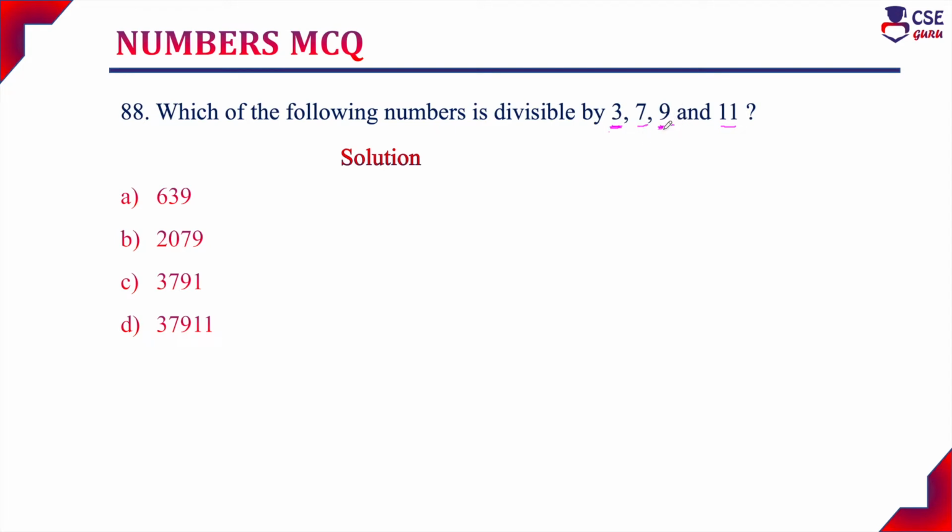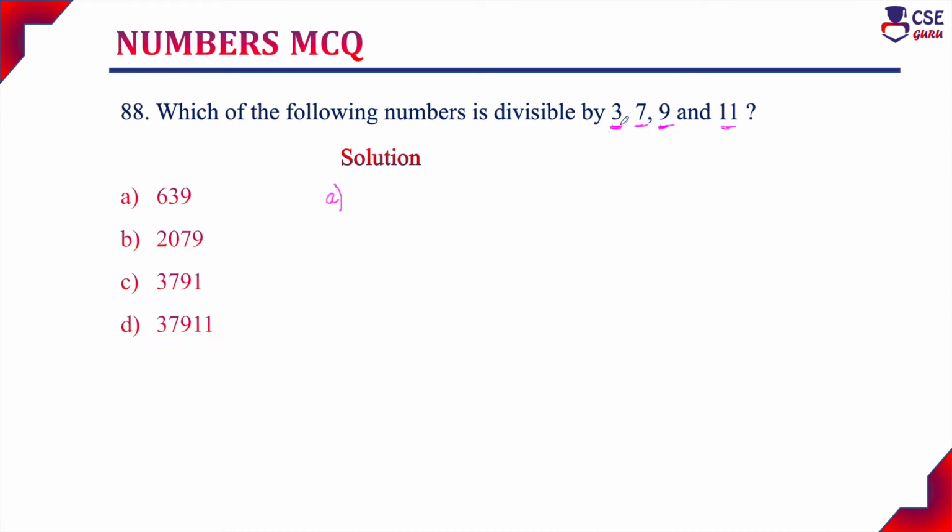And for 11, the difference between the sum of the odd digits and the sum of the even digits should be either 0 or divisible by 11. And there is no specific divisibility rule for 7. So if the number is divisible by 3, 9 and 11, then we will check directly with the number 7 whether it is divisible. So first we will take the first option.